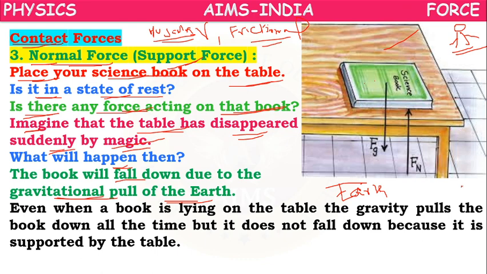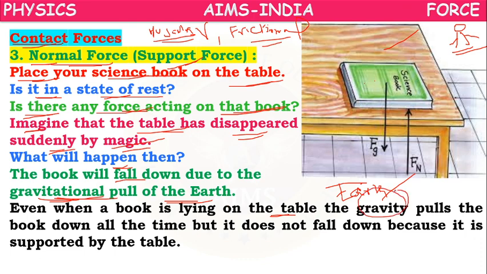Next, suppose the table is there. In the absence of the table, the book falls down because gravitational force is acting. If there is a table, does gravity still work? Yes, it will.